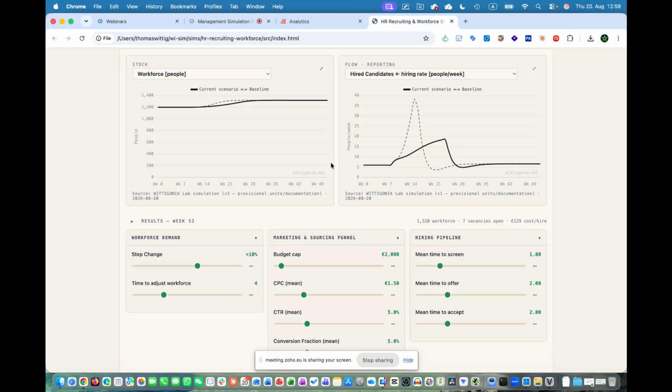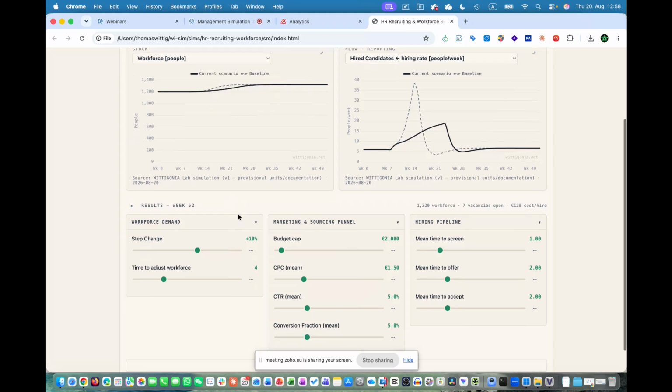Now you see the difference in the scenario. This would be our freewheeling scenario, and here is the budget constraint scenario. You can see what that is doing to the recruitment pipeline.